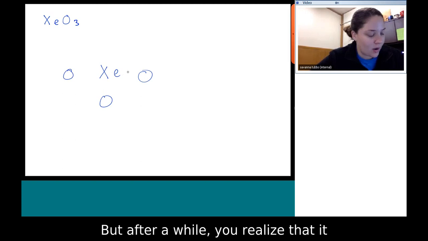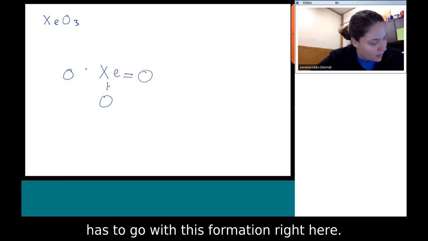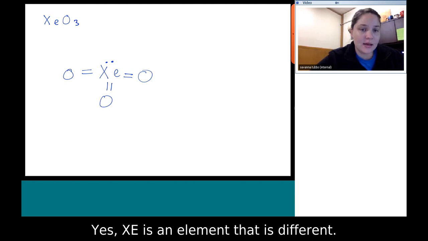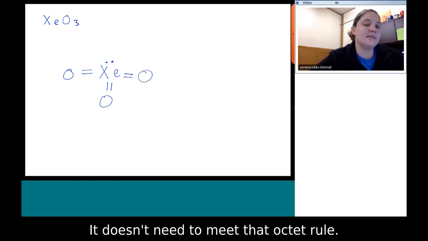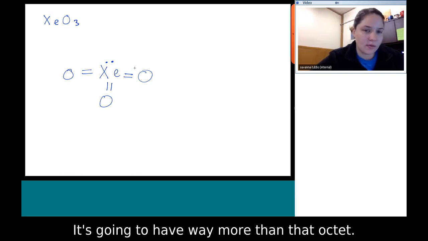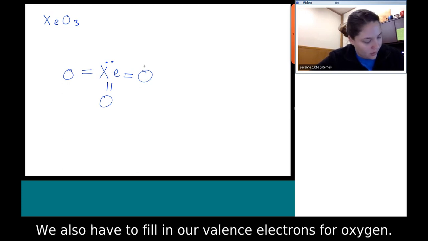But after a while, you realize that it has to go with this formation right here. Yes, Xe is an element that is different. It doesn't need to meet that octet rule. It's going to have way more than that octet. But we also have to fill in our valence electrons for our oxygens.